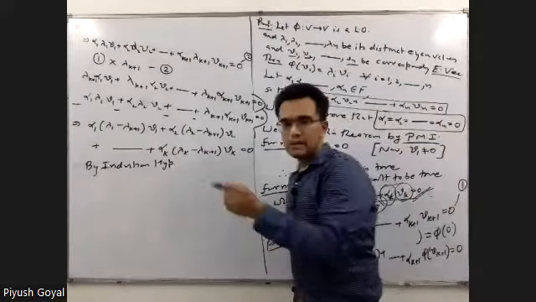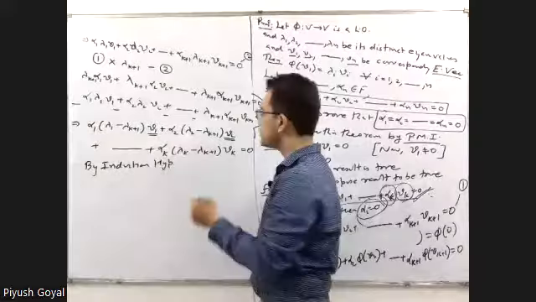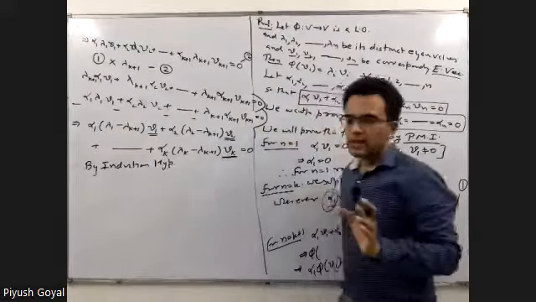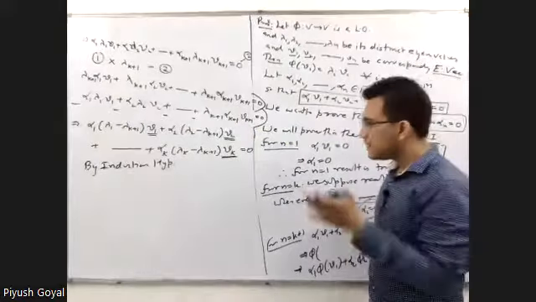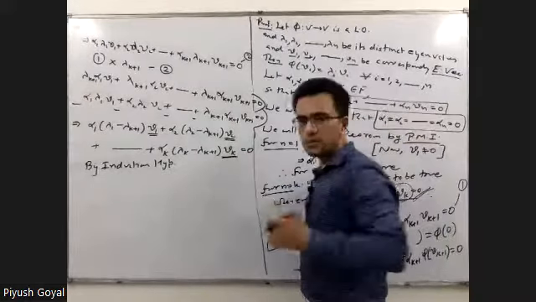Now in this we have v1, v2, v3 up to so on vk, and these are in linear combination with respect to some scalars and put equal to 0.